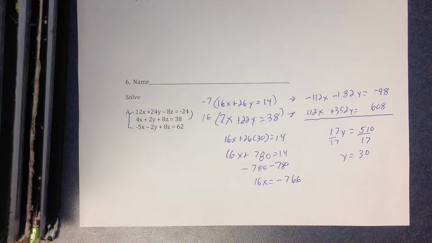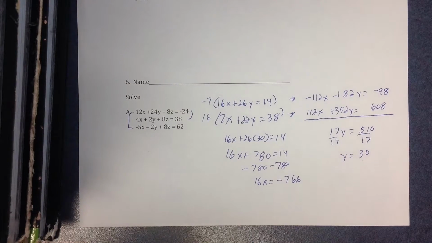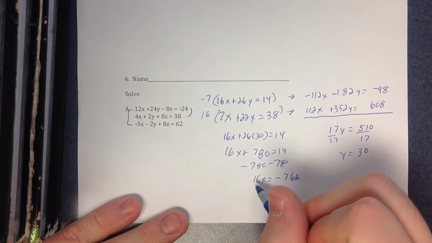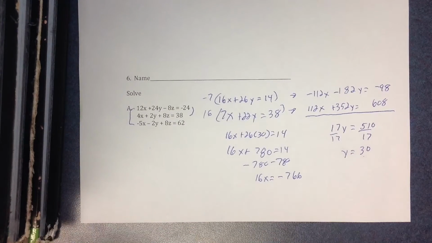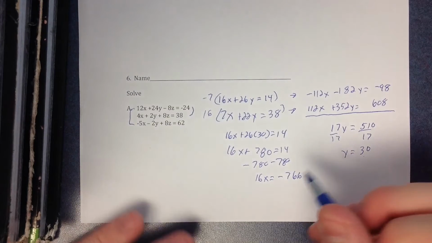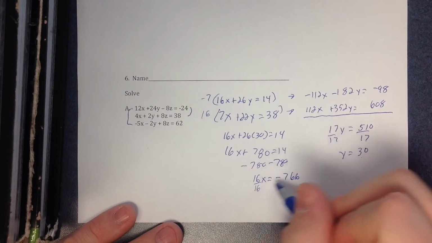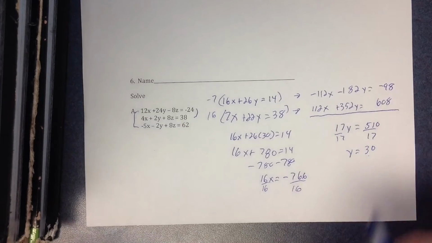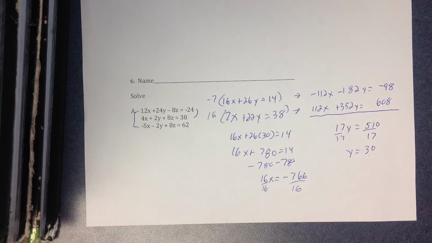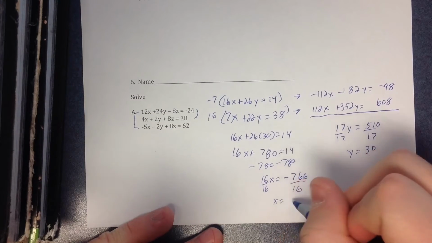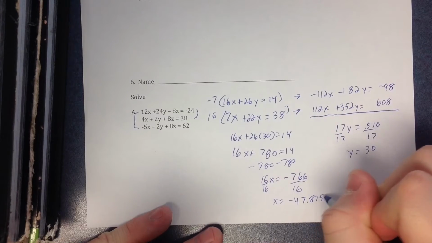And if you take negative 766 divided by 16, you get negative 47.875, which is okay, you can get a decimal.